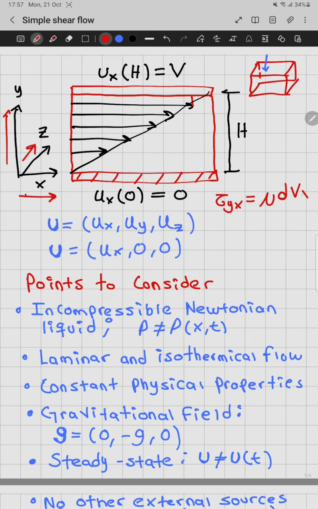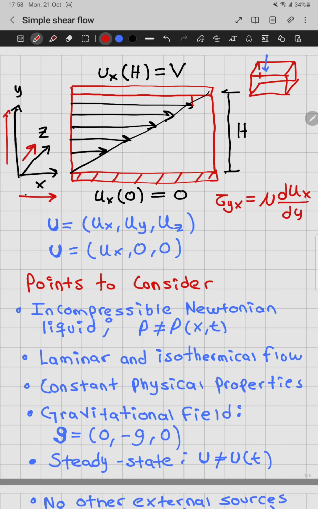So you probably recognize this equation from my previous videos. So this is the flux of momentum, and it is going to be equal to the product between the viscosity of the fluid multiplied by the gradient of the velocity.